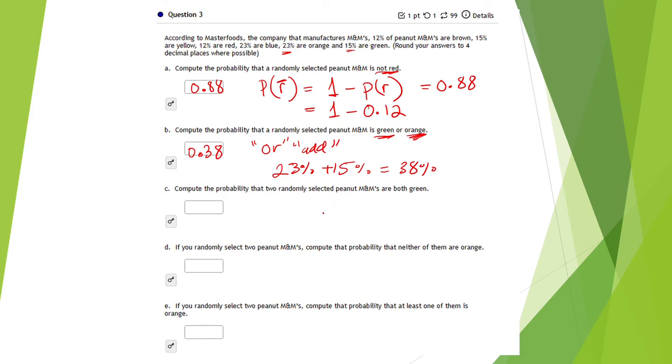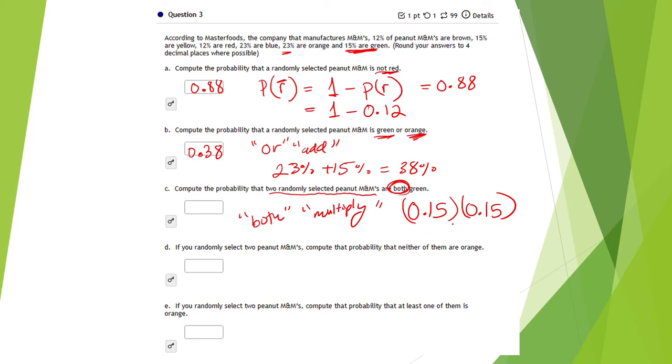For part C, let's compute the probability that 2 randomly selected peanut M&Ms are both green. Now when you see the word both, think multiply. So what's the probability of one M&M being green? That's 15%. So that's 0.15. I'm going to multiply that with another 0.15 because we're saying the next one is also green.